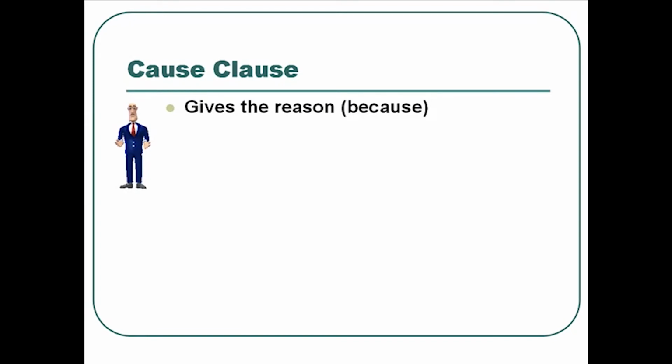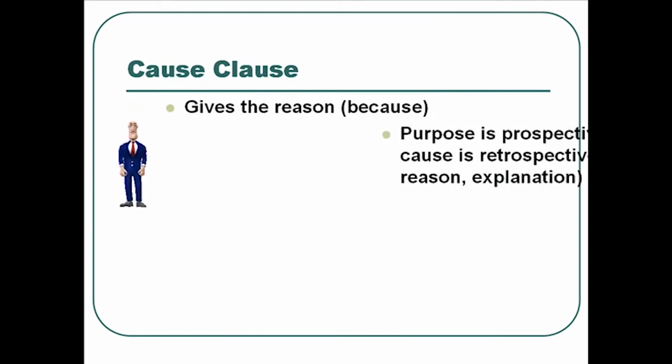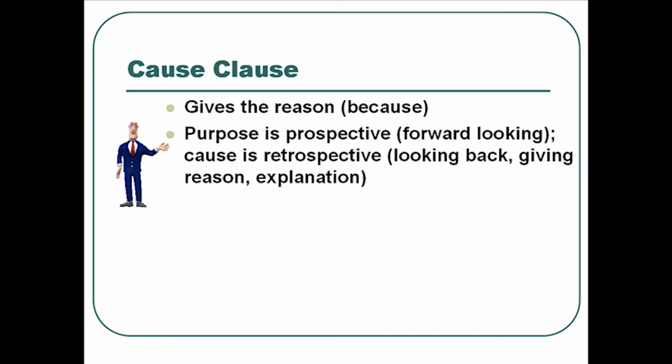Now the causal clause gives the reason why something has happened. Oftentimes it is translated because. What is the difference between a purpose clause, then, and a causal clause? The purpose clause is prospective, looking forward to goal and intention for why something was done. The causal clause is retrospective, that is, it looks back.